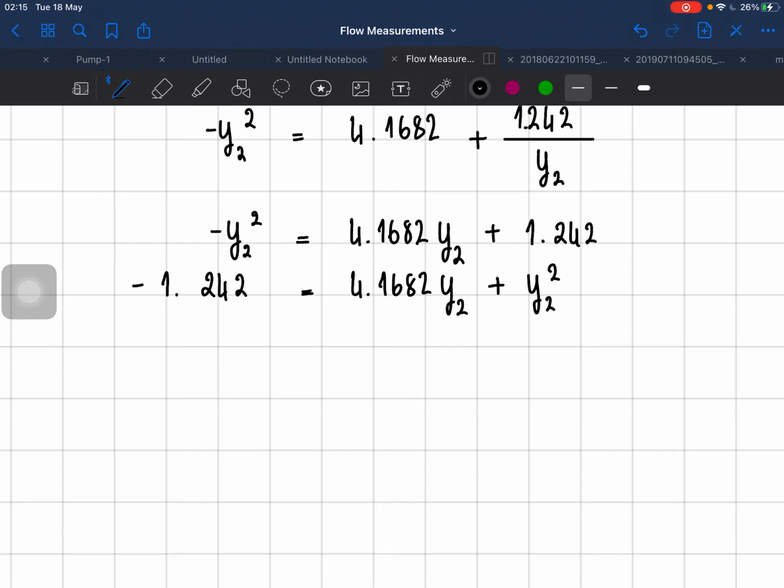It's not showing the answer in the solver. I'm going to try using the equation function. Wait a second. 4.1682 equals minus 1.242.